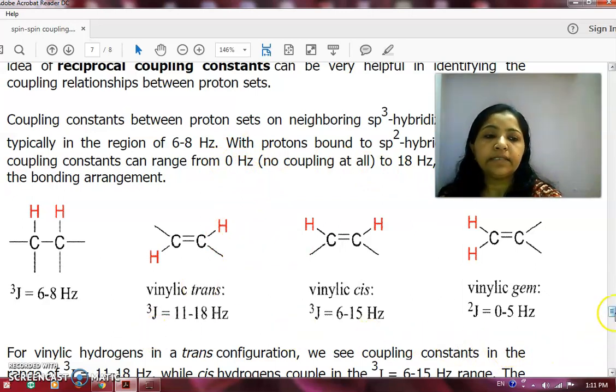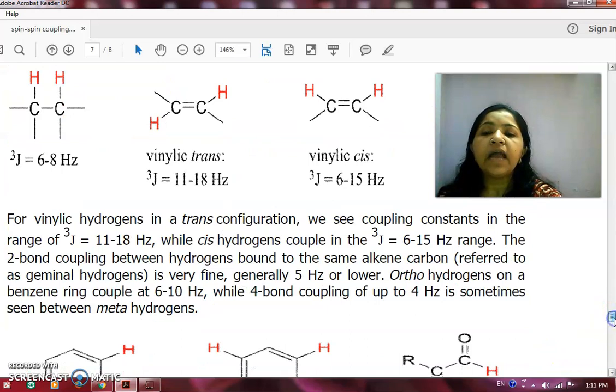Similarly, for vinylic hydrogen in the trans configuration, we see coupling constant in the range of 11 to 18, which I have already read out, and here the terminal one is 0 to 5 Hz.